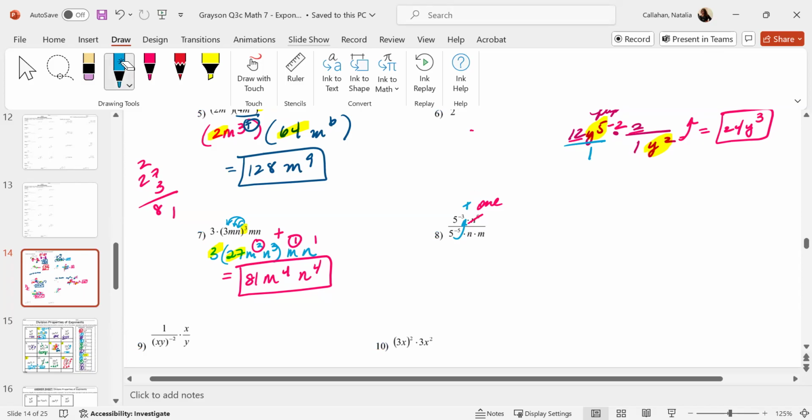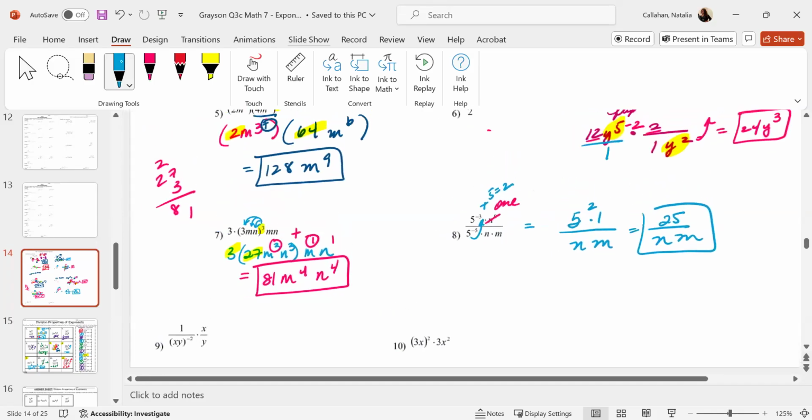So then when I rewrite this, it's going to be 5 squared times 1 over nm, which is just 25 over nm. That's it. You see that? Okay. Number 9 and 10.